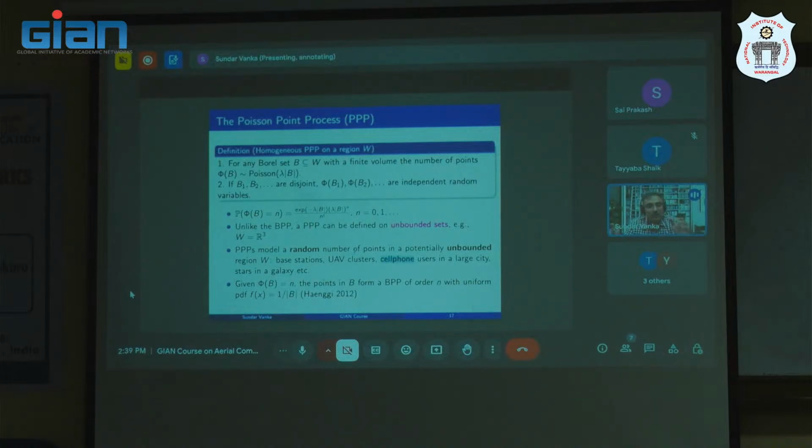You can also consider a Poisson process on a bounded volume. This is not saying that you cannot consider a Poisson process on a bounded volume. You can also consider a Poisson process on a larger volume also. So that's one thing.